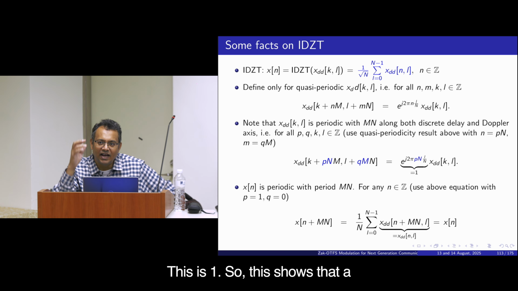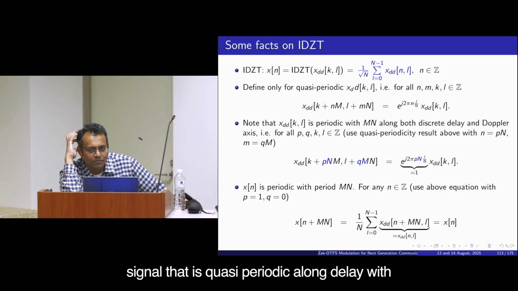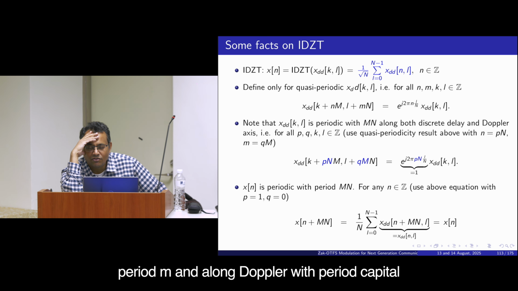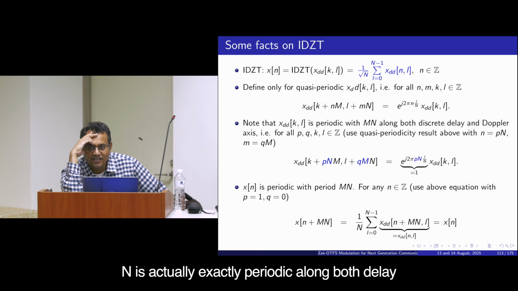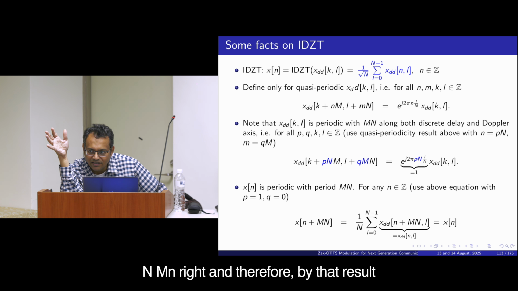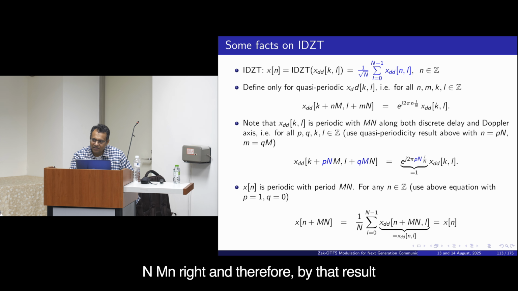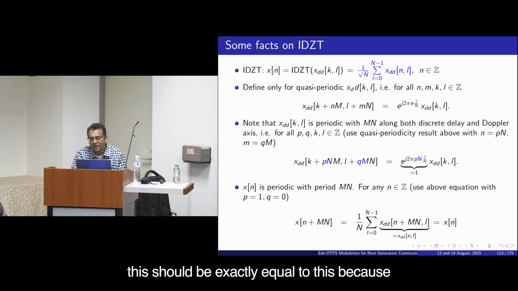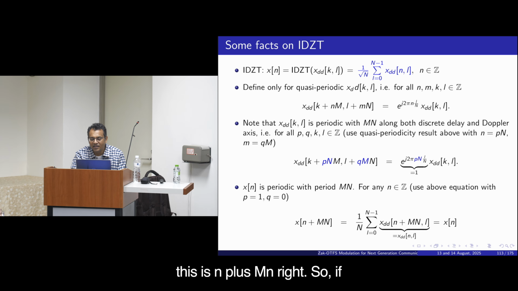So, this shows that a signal that is quasi periodic along delay with period M and along Doppler with period capital N is actually exactly periodic along both delay and Doppler with period capital M into capital N, MN. And therefore, by that result, this should be exactly equal to this, because this is n plus MN.